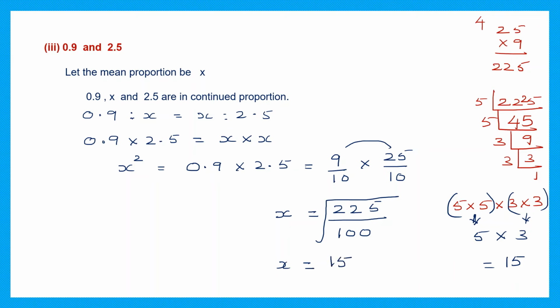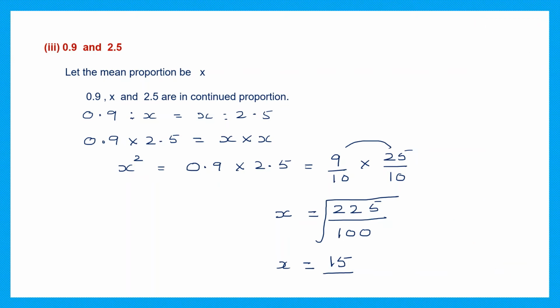Now I must find the square root of 100. Let's divide 100 with its prime factors. I'll start with 5. 5 2s are 10, so 20. Then 5 4s are 20. Now I can divide using 2. 2 2s are 4 and 2 1s are 2.